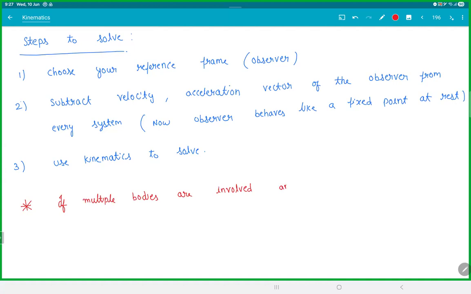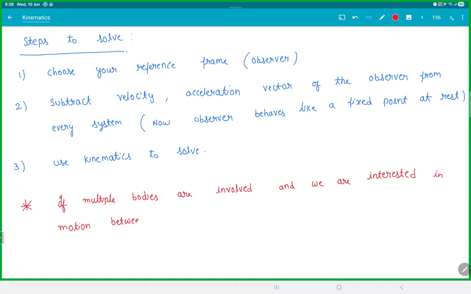And we are interested in motion between them. We want to see what happens of A with respect to B and all that stuff. Generally, relative motion is preferable. Not compulsory, but this is just an insight. This is what I realized over the time.